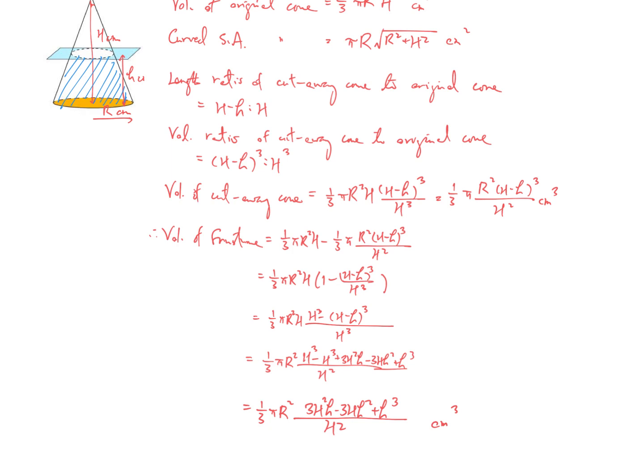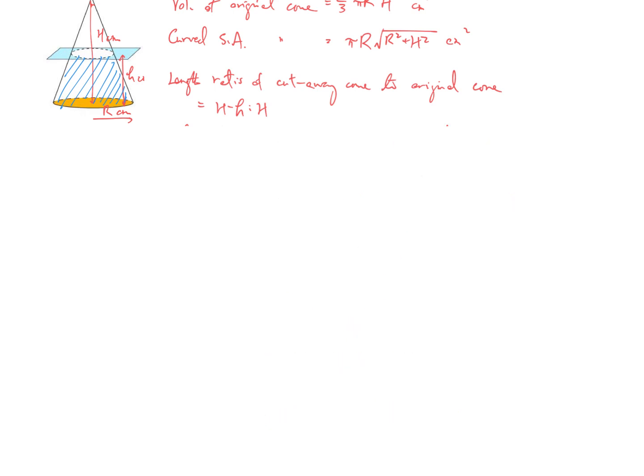Just like before, we will have the length ratio of the cutaway cone to the original cone, still (H minus h) over H. And therefore the area ratio of the cutaway cone to the original cone will equal, well, this time instead of cubing that, we square that.